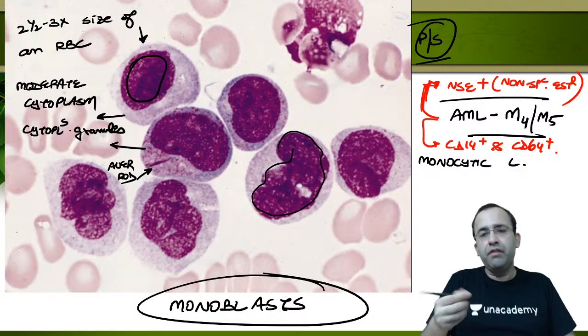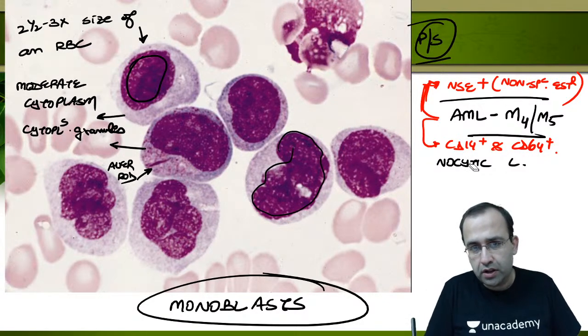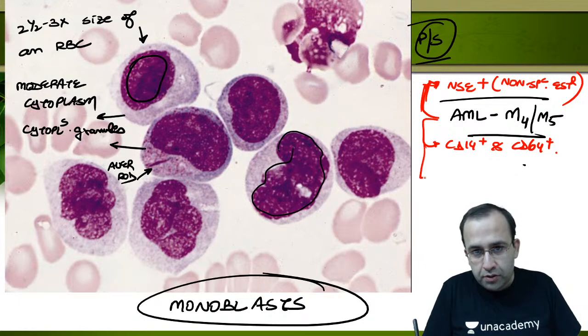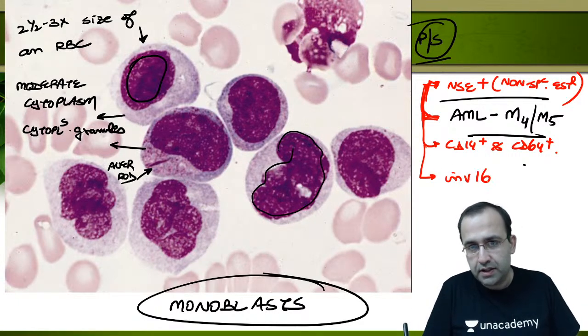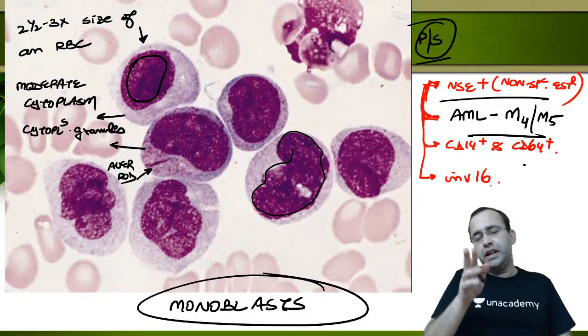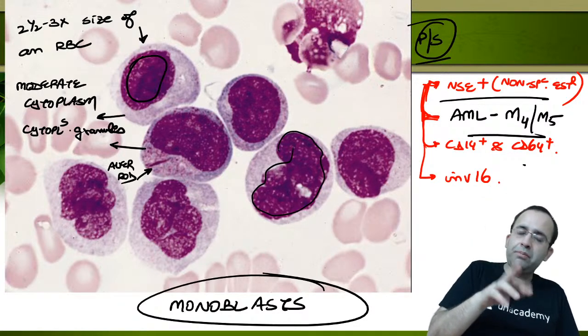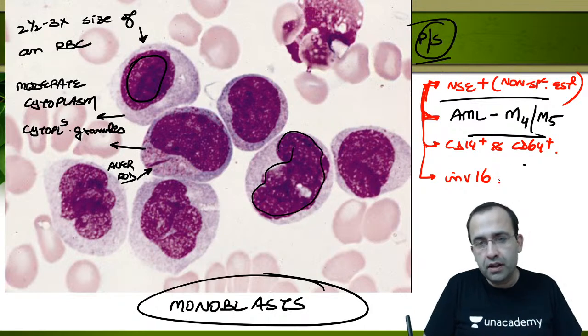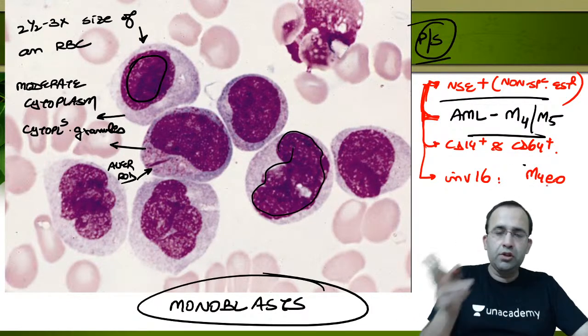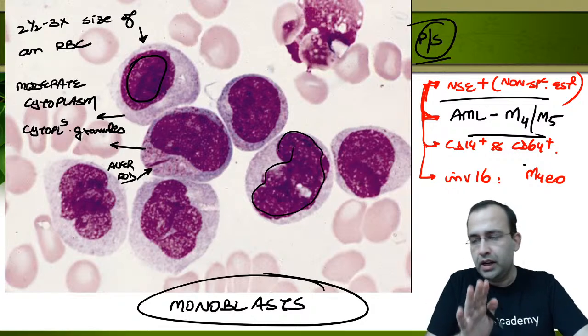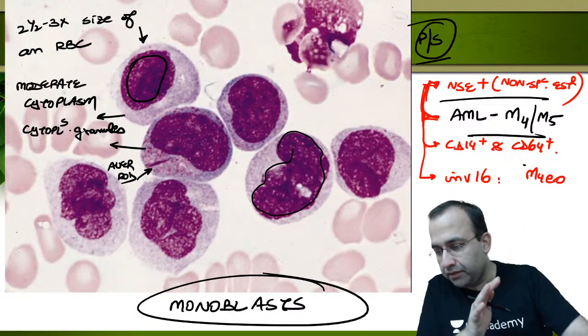Next point, he can even ask you the translocation associated. Translocation seen in this: inversion 16. Now inversion 16 as such is associated with a special subtype of monoblast, that is M4EO. Monoblast with eosinophils, M4EO, but it can be associated with inversion 16.